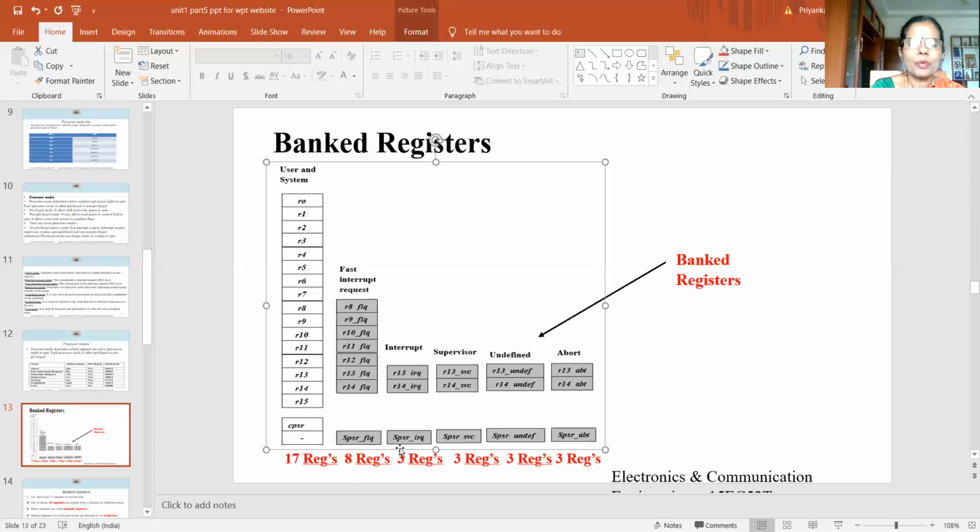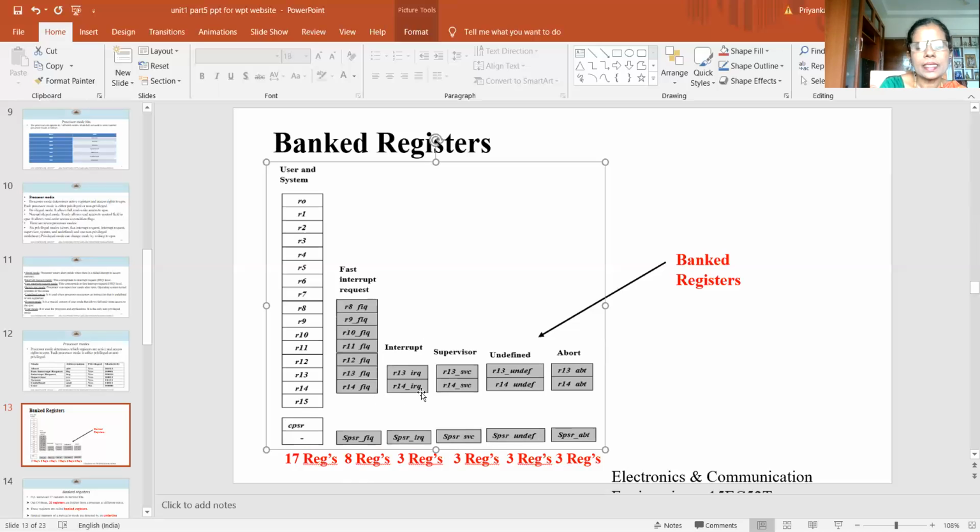If it is in interrupt mode, SPSR_IRQ. If it is in supervisor mode, SPSR_SVC. If it is in undefined mode, SPSR_UNDEF. If it is in abort mode, SPSR_ABT. So SPSR, the saved program status register, is available in the banked registers, which we cannot see in the user mode and the system mode.